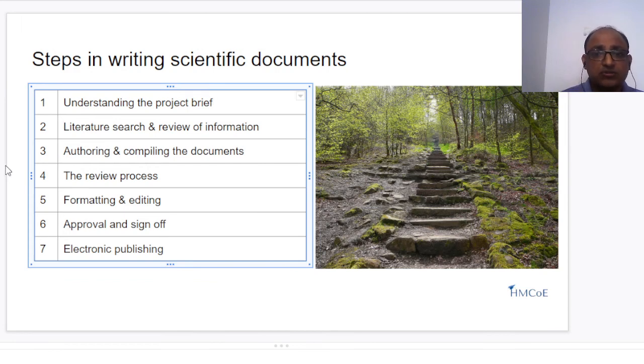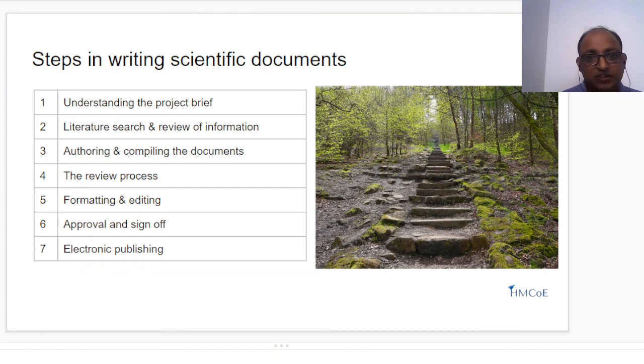So you will have to come up with some kind of information from various sources. And once you have that information, you have to compile the required information into the required document in the required format. So once you have compiled all the information, you will have to review by yourself even before going to the next level of review.